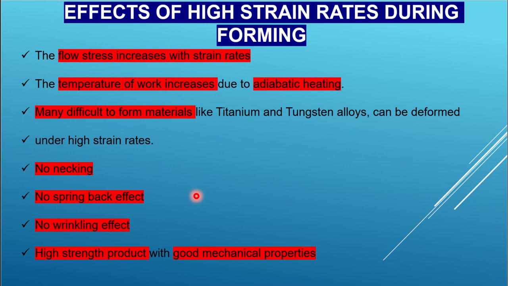That is called spring back. Since here we are applying a large amount of energy in a short duration of time, the spring back effect is not there. No wrinkling. Wrinkling is one of the defects occurring in metal forming processes. And the products which come out of these high velocity forming processes have good strength and good mechanical properties.